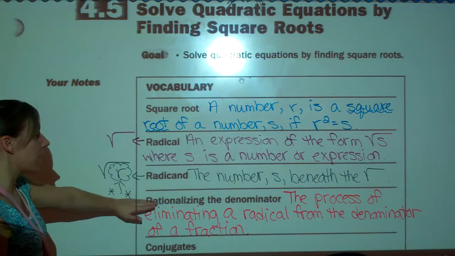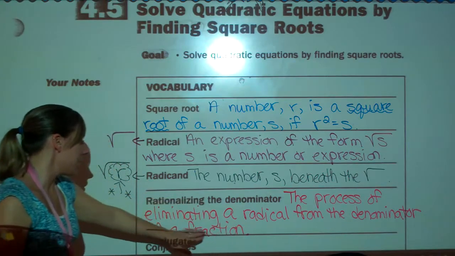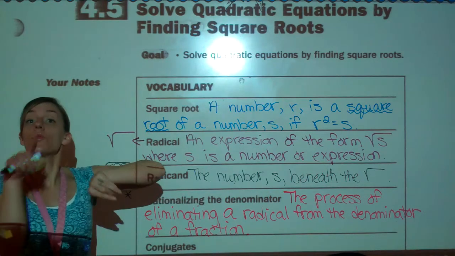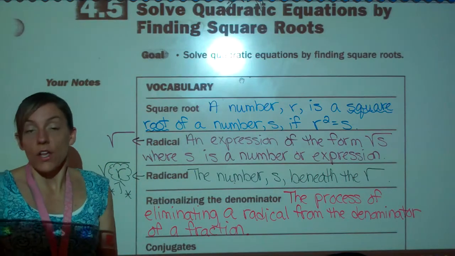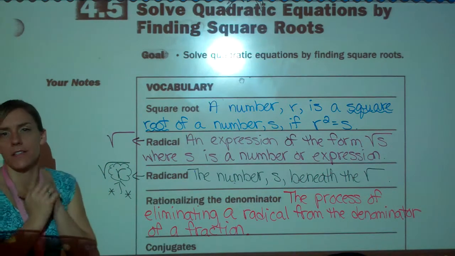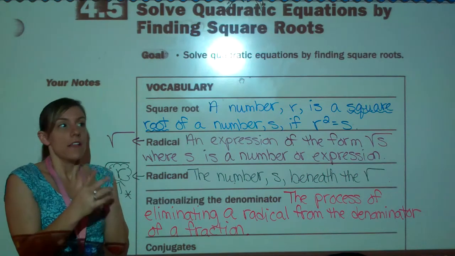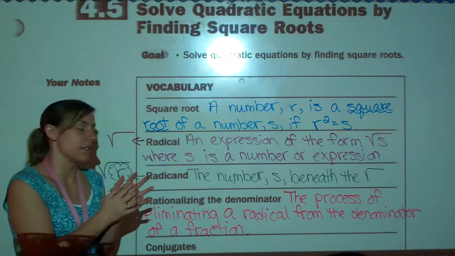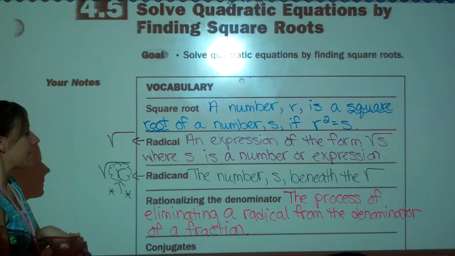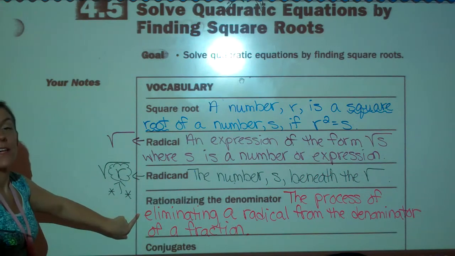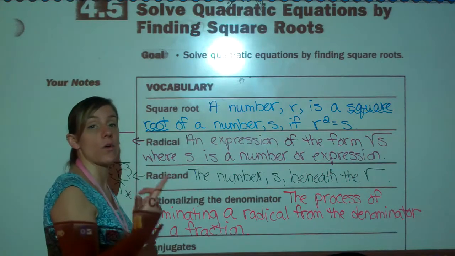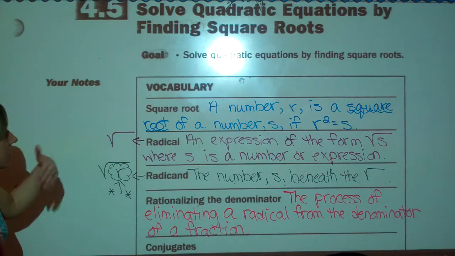And so that's the process of getting a radical, that root, out of the denominator and up into the numerator, so that it could actually be considered a fraction, because fractions can't be irrational in the denominator. So that's just us eliminating the root from the bottom and making sure that if there's a root in a fraction, it's only on the top. So those are the definitions here.